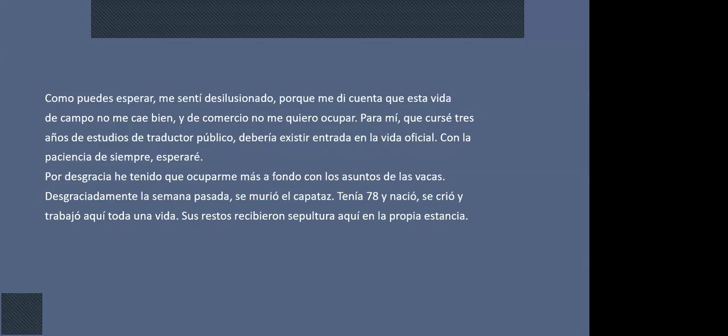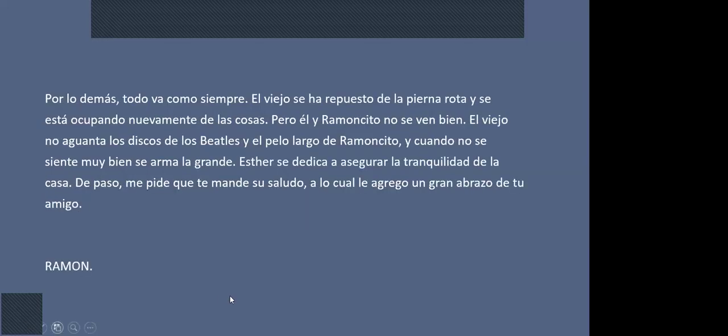Unfortunately, last week, the foreman of the ranch passed. He was 78. He was born and raised and worked here his entire life. So you see, the restos, okay? So he was buried here on his very own property, okay? So we have a word here that's a hard one to combine. So restos. Okay.